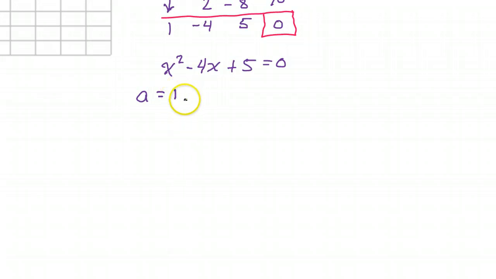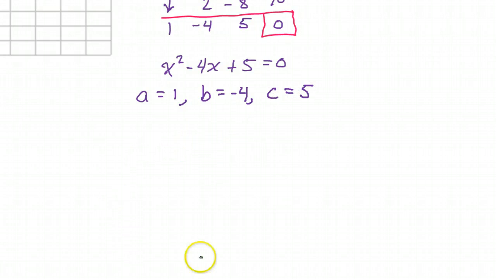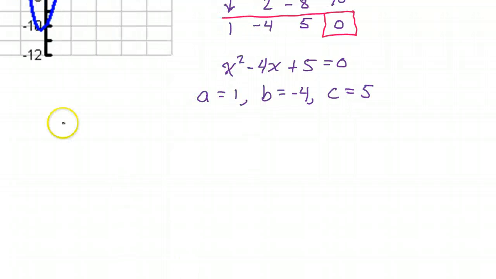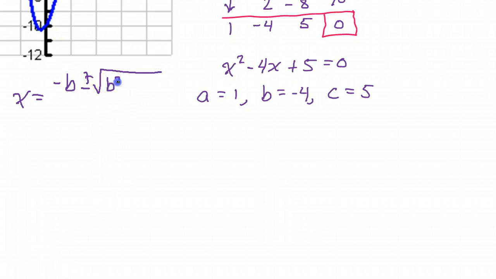So a is 1, and b is negative 4, and c is 5. So you remember the quadratic formula is like this. Opposite of b plus or minus the square root of b squared minus 4ac, all over 2a.